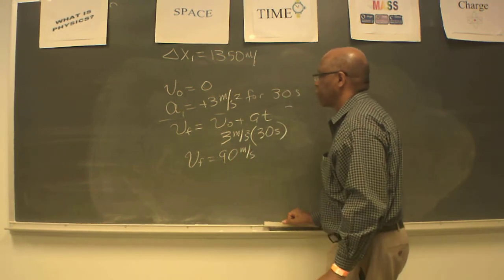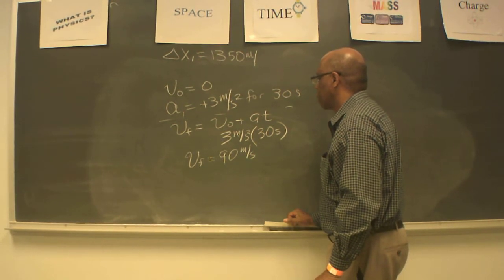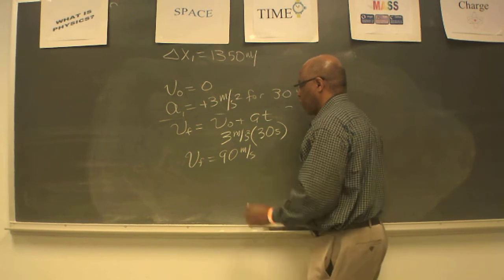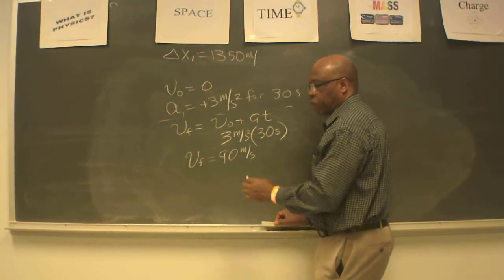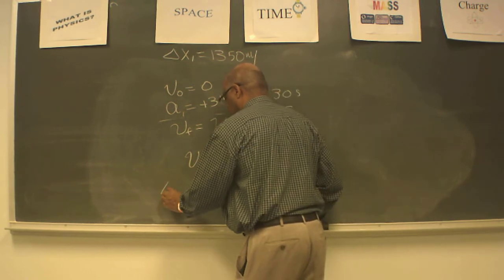Meters per second. Okay. You're going to travel at 90 meters per second for 60 seconds. So how far do you travel?